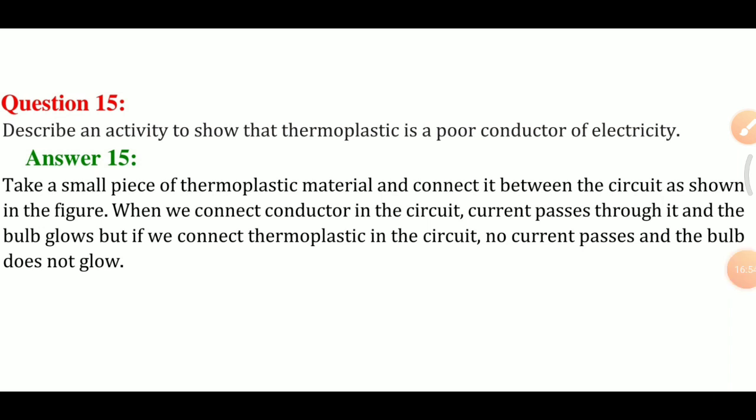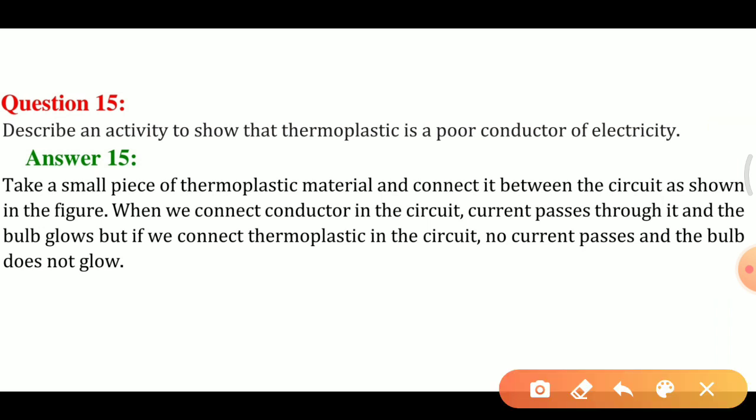Question number 15 is, describe an activity to show that thermoplastic is a poor conductor of electricity. To check the conductivity, we have to prepare a circuit, or we can say an electric tester. So here take a small piece of thermoplastic material and connect it in the circuit as shown in the figure.